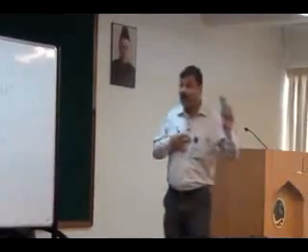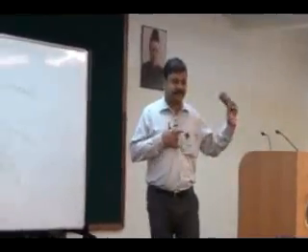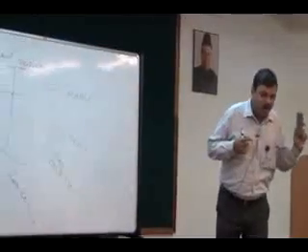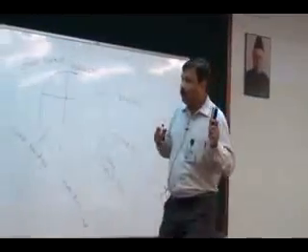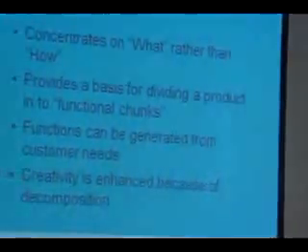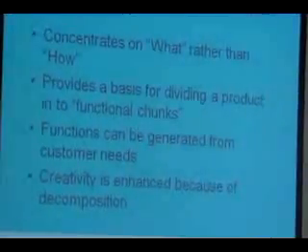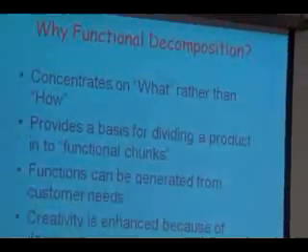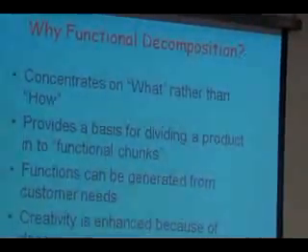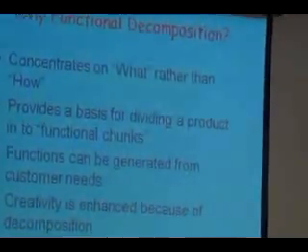If you start worrying about how at that stage, you will go nowhere. So, functional decomposition is good because it relieves you from the pain of how. It doesn't ask you the question how you are going to do it. That question is going to be asked later.